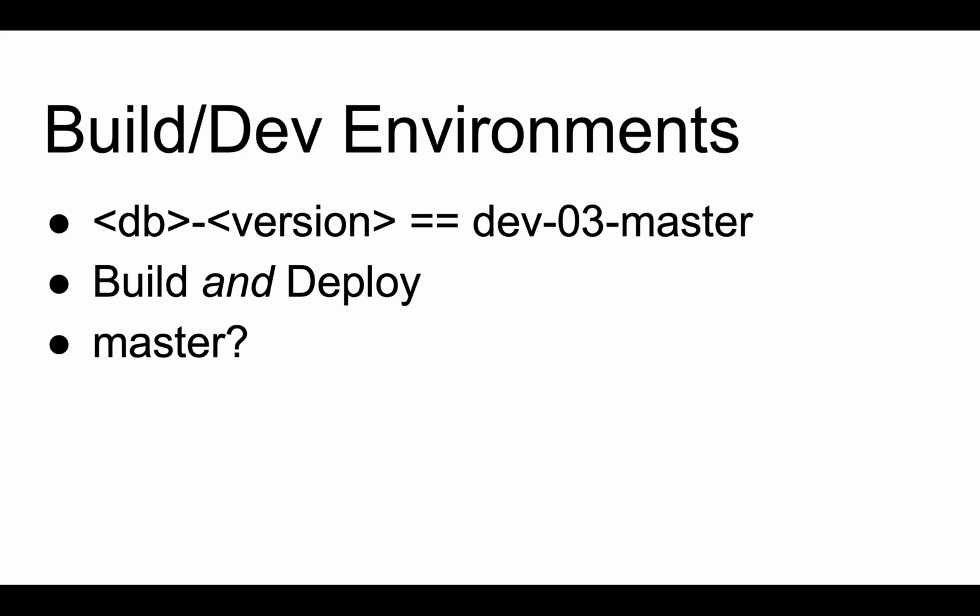And in this particular case, what does master mean? This actually means that when you run the pipeline for this environment, it'll build off the head commit of the master branch for each service. So this is the absolute latest and greatest of each and every service.